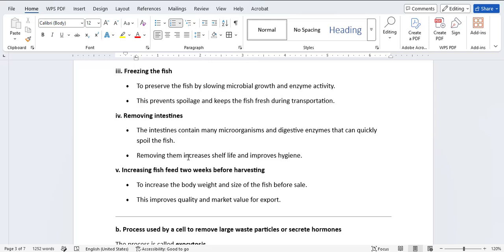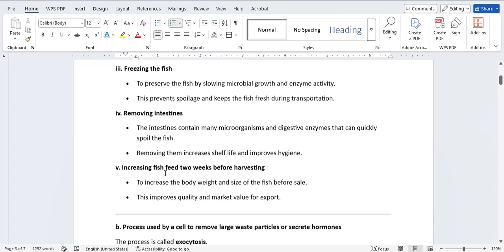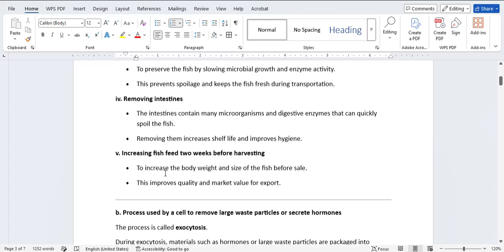Whichever way, this one is for removing the intestines. So increasing fish feed 2 weeks before is to increase the body weight and size of the fish before sale, also referred to as the table size or market size. This improves quality and market value for export.